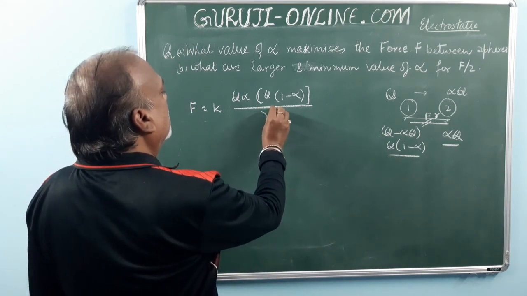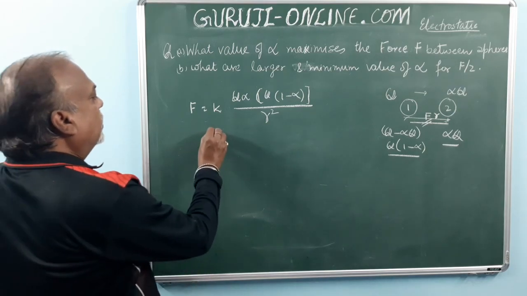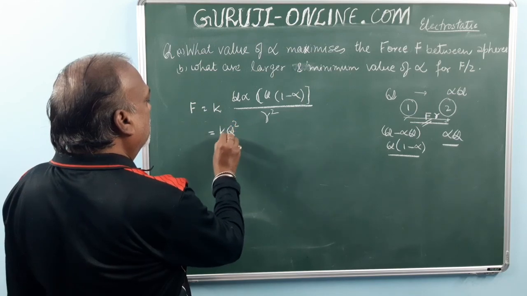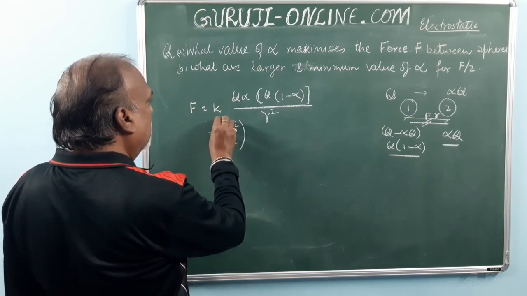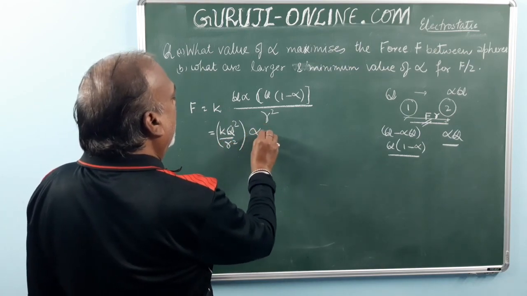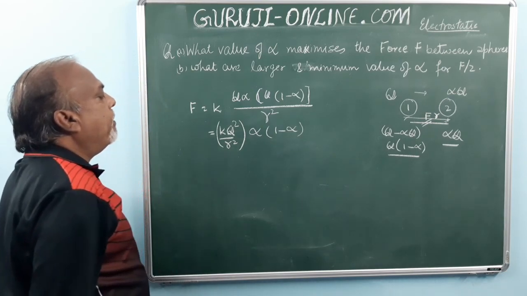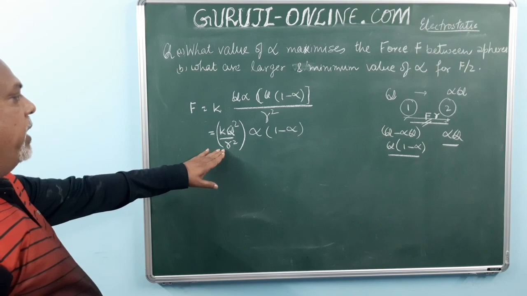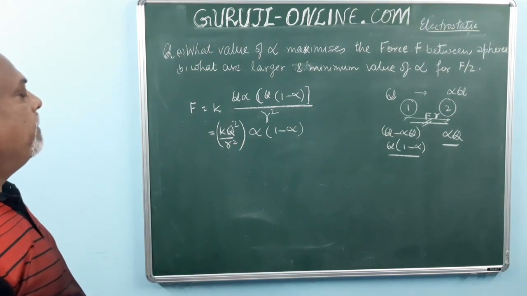This is r. So we can write it as k Q square upon r square, alpha 1 minus alpha. This is a constant quantity. This is not varying. Only we have to maximize this alpha.